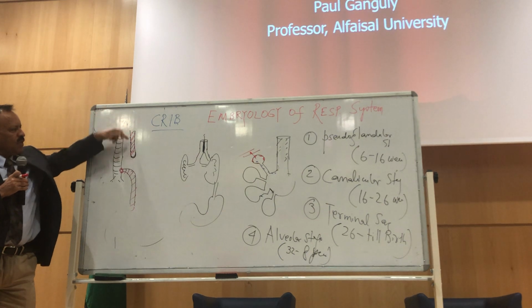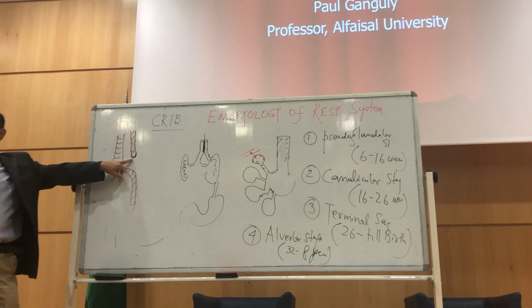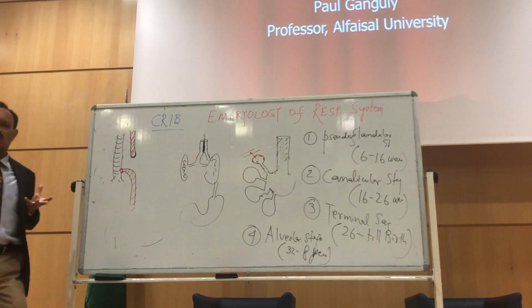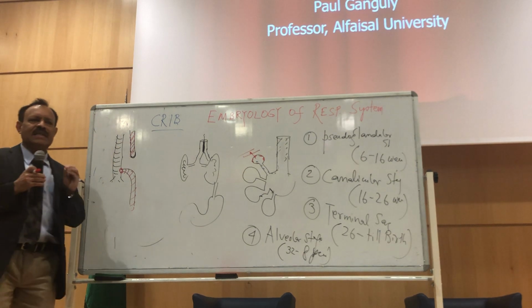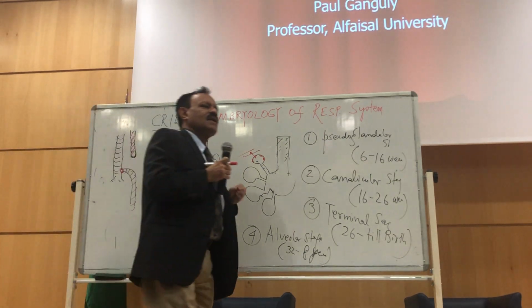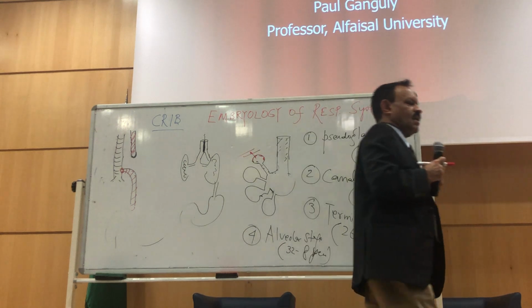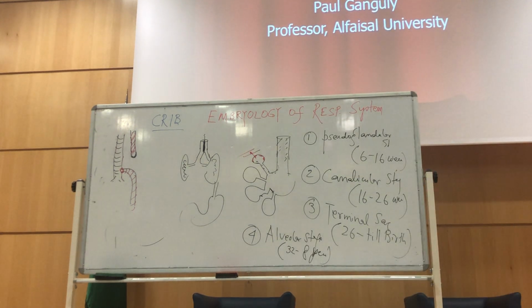You put a catheter over there, esophageal atresia is there. So there will be polyhydramnios. Anytime there is an atresia, like duodenal atresia or anything, there will be polyhydramnios.